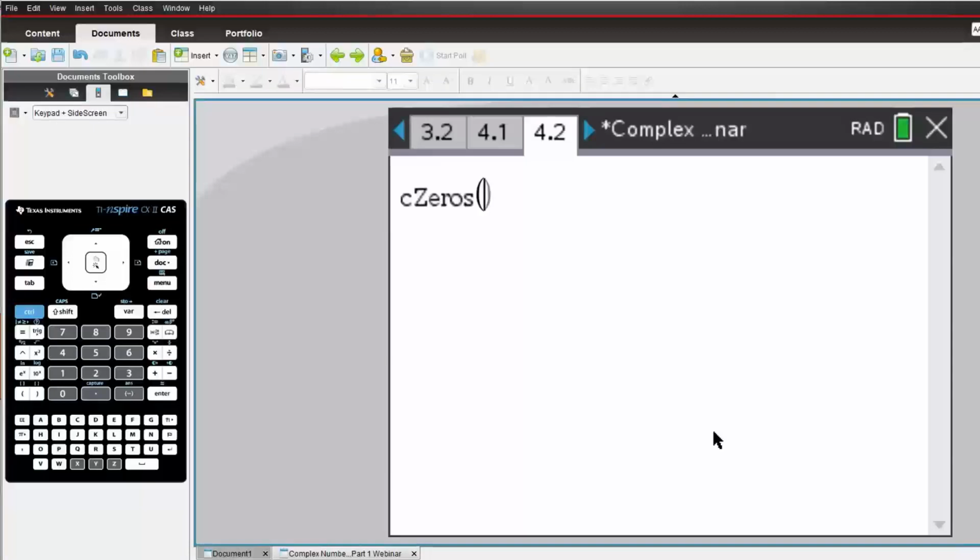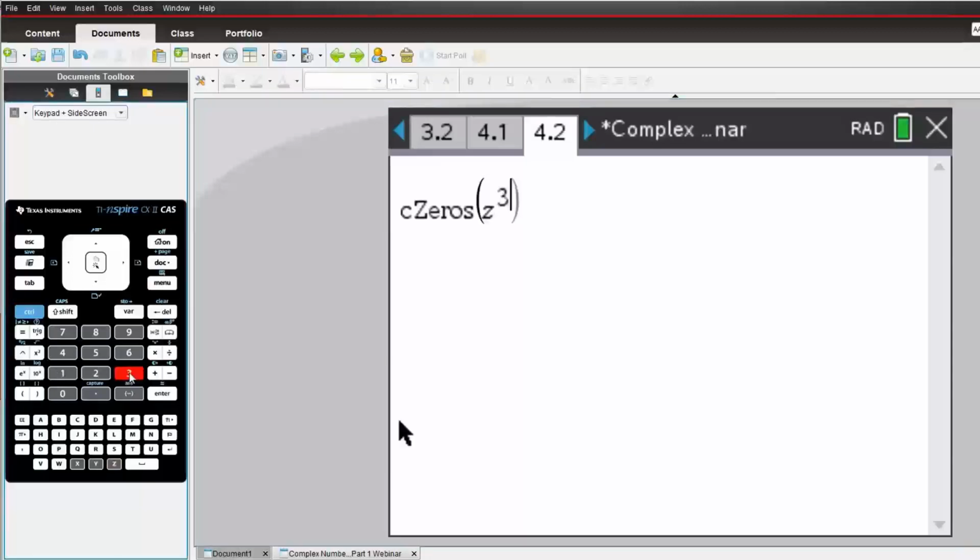So I need to type the equation. So the equation was z cubed, we need to go down here, minus 3z squared plus 4z minus 12, and my variable is z.